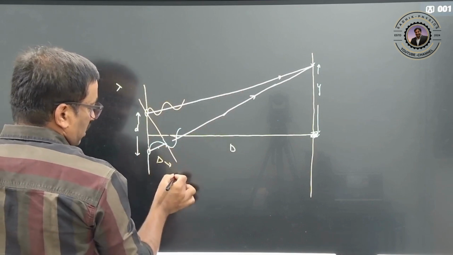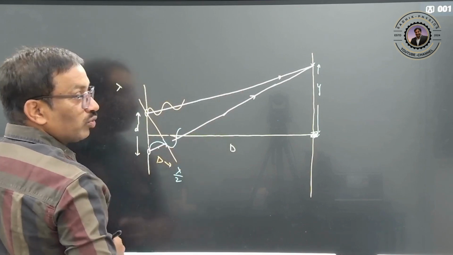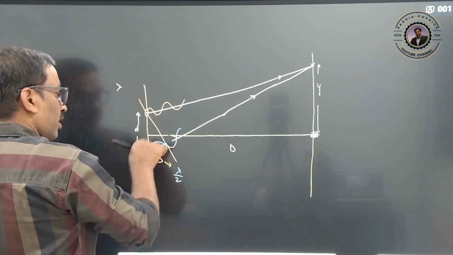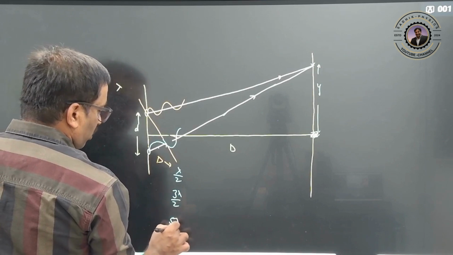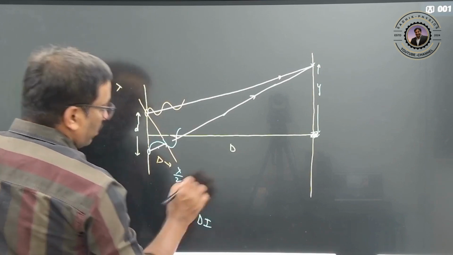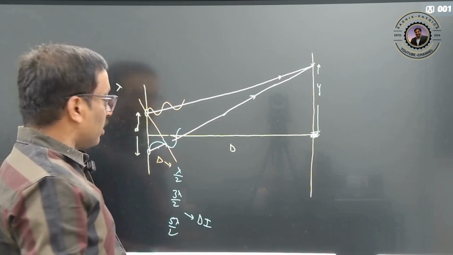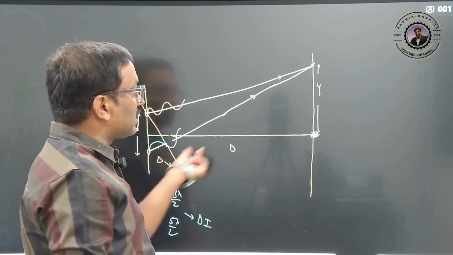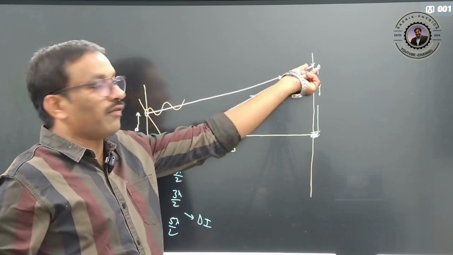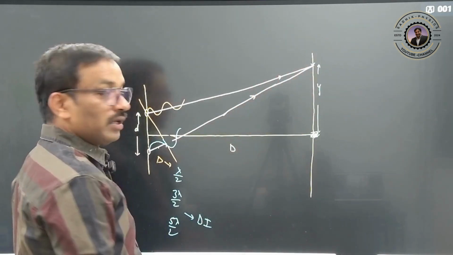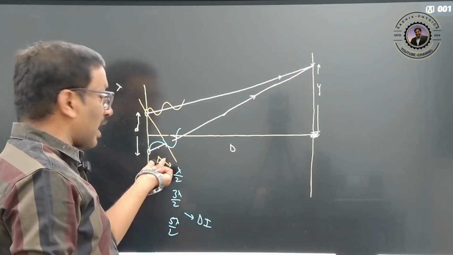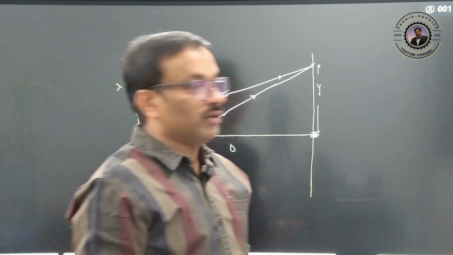This half distance is nothing but lambda by 2, or one and a half, so 3 lambda by 2, 5 lambda by 2, will create a destructive interference. Clear? So this distance decides whether it forms constructive or destructive interference. That's why we have to calculate the path difference.